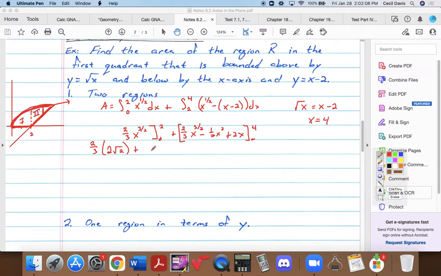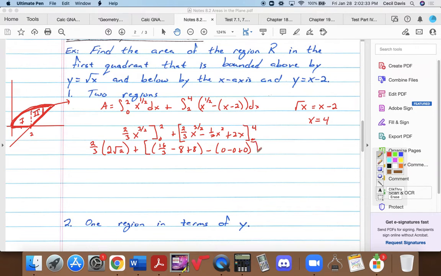Plus, let's see, if I substitute in 4, the square root of 4 is 2, to the 3rd power is 8. So that's going to be 16/3 minus 8 plus 8 minus 0 plus 0.